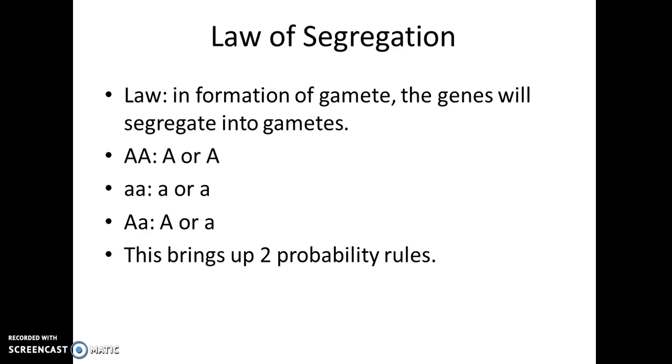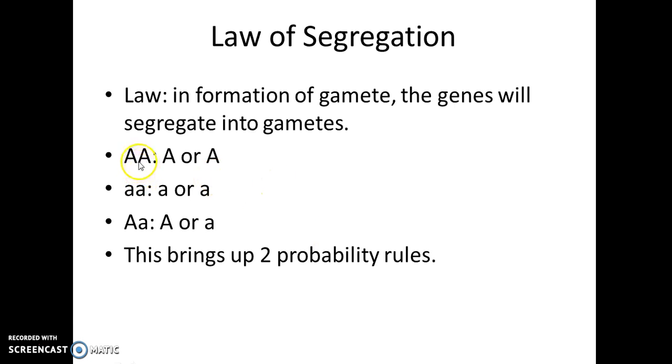So all of this, Mendel came up with his first law. Actually, he didn't come up with this law. Other people came up with the law and attributed it to him. It stated that in the formation of gametes, the genes will segregate into separate gametes.